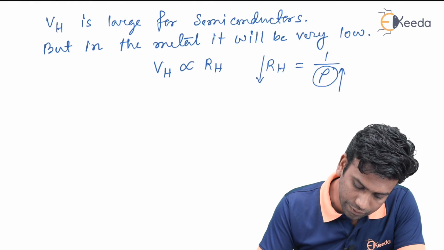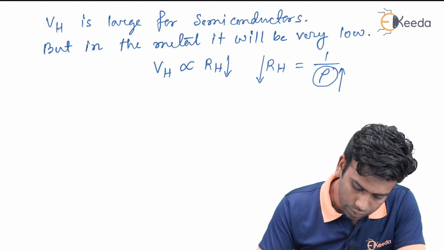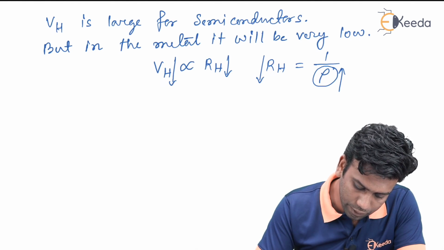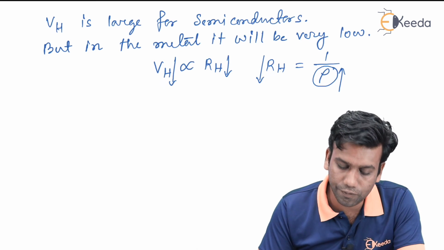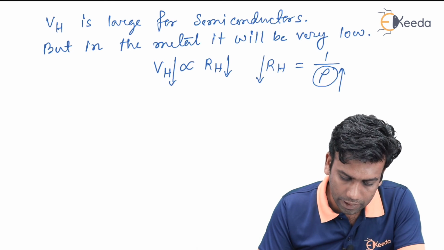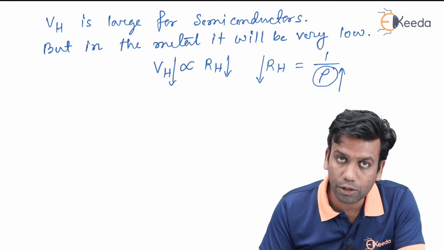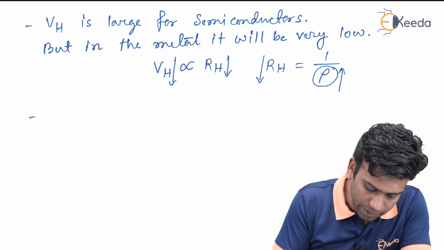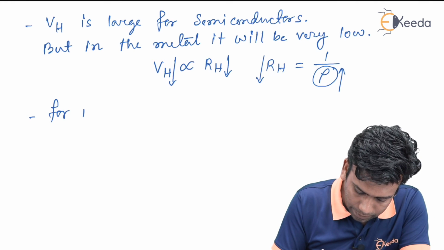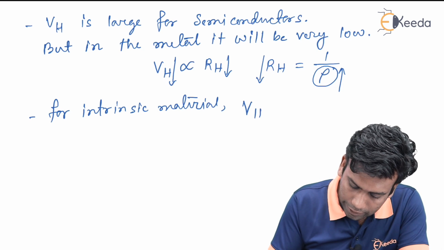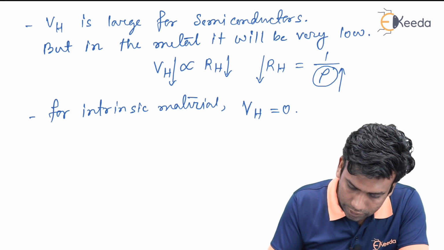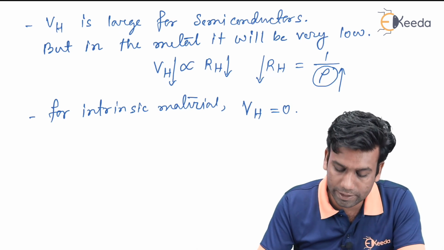So, this Rh value is low. So, the Vh value will be very low, and sometimes this Vh value inside the metal can become equal to 0. Similarly, for intrinsic material, it is found that the Hall voltage is exactly 0.